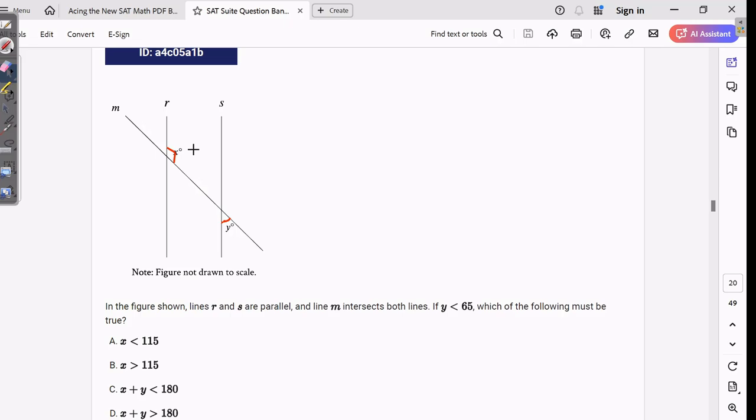Is it B? B. Wait. Actually, wait, no. Yeah, B. I'm just trying to find out its answer key. It's 20. Yeah, B is correct.